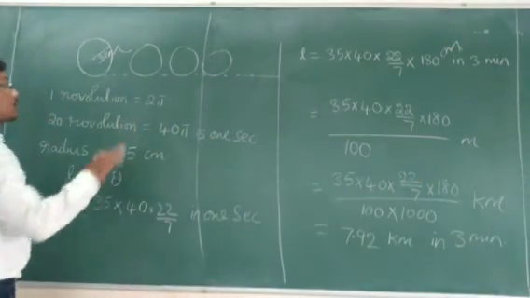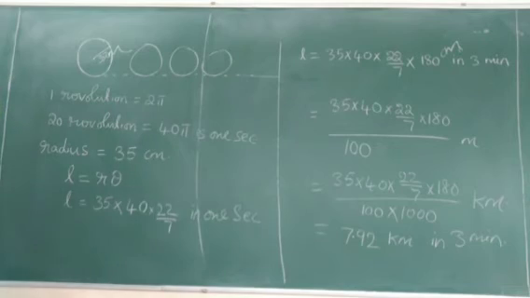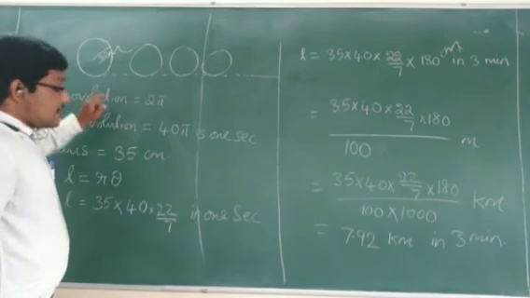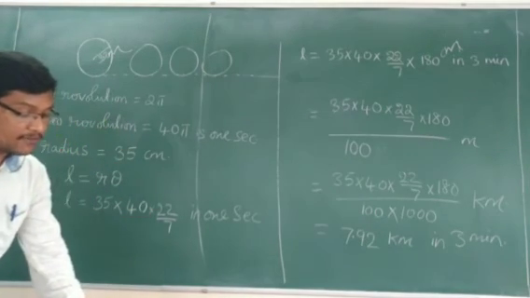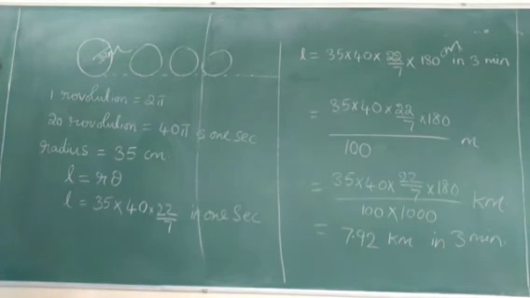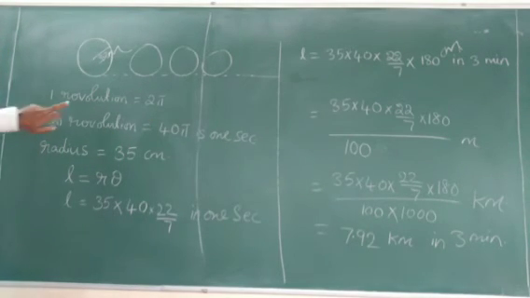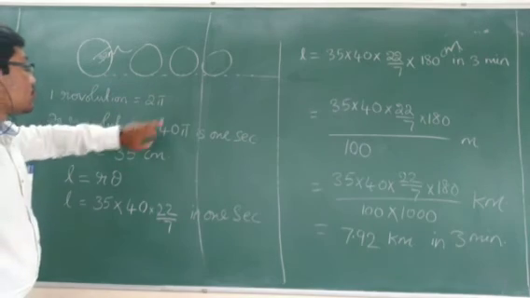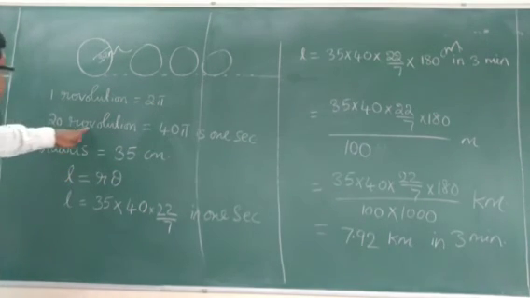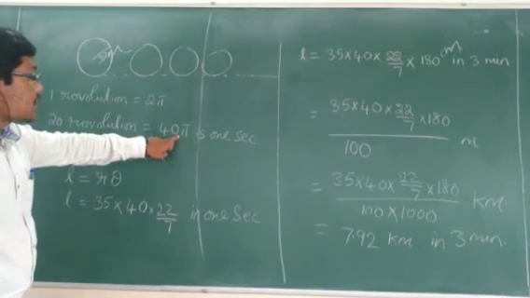So if you look at the problem, a wheel rotates 20 revolutions in 1 second. One revolution is 2 pi, but 20 revolutions will be 40 pi.